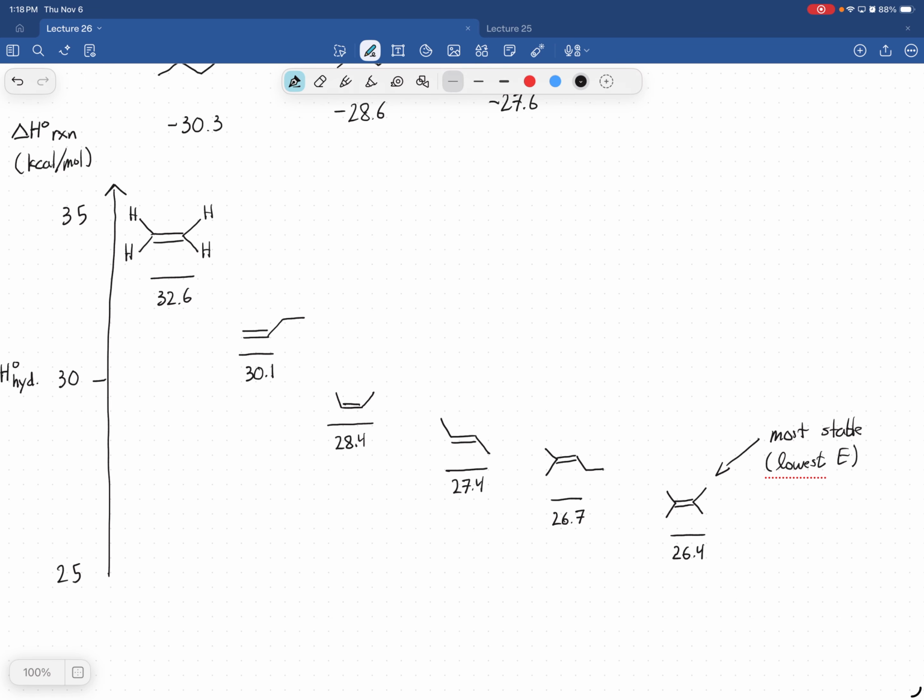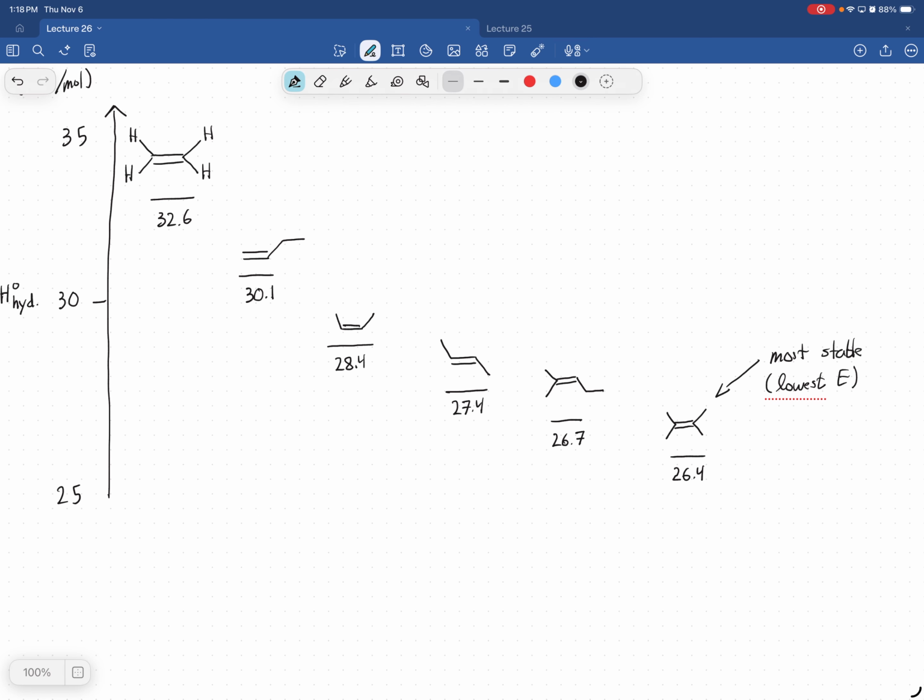All right. So let's comment now on the trend. So we should kind of take note of this trend here. All right. So here's the order of increasing stability of alkenes.